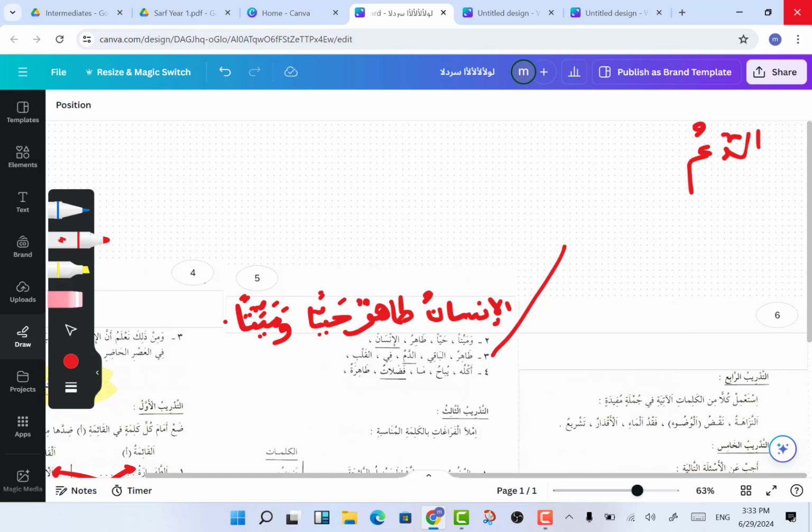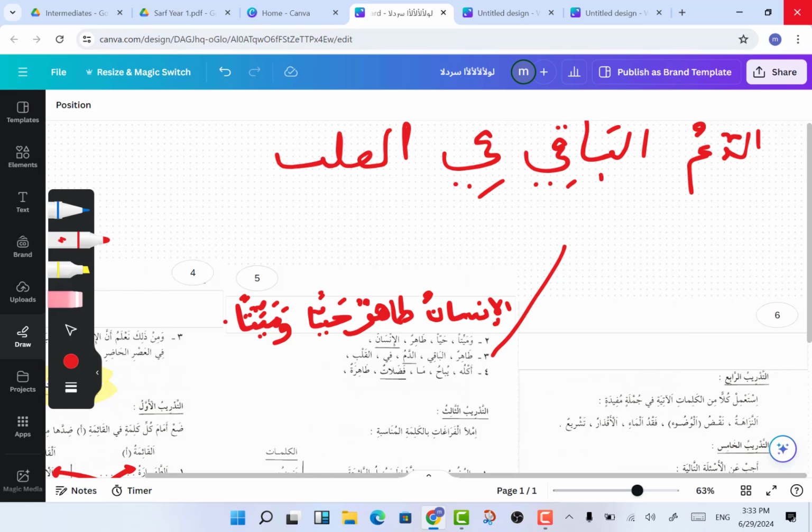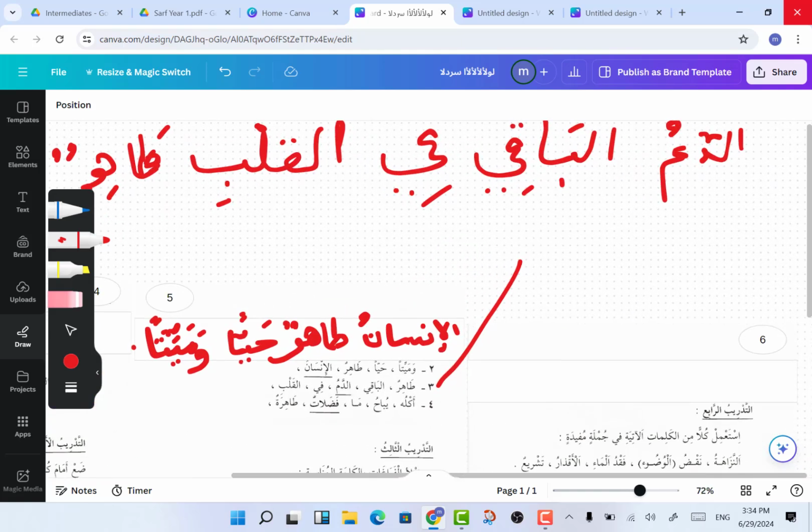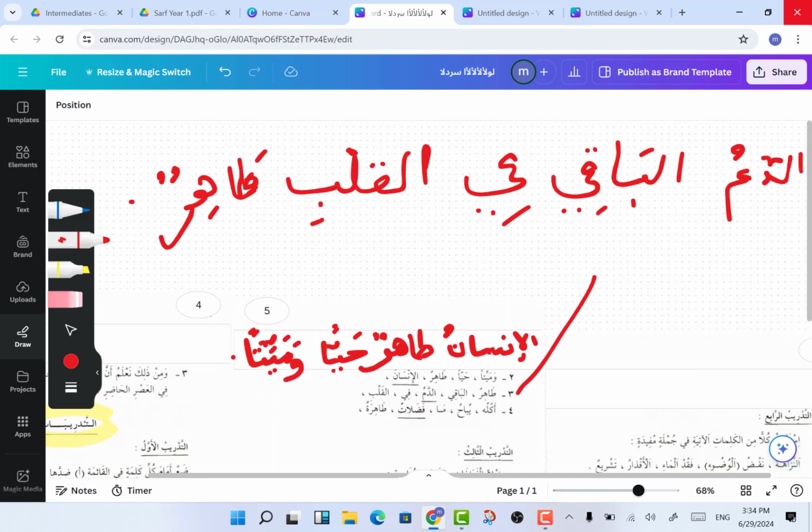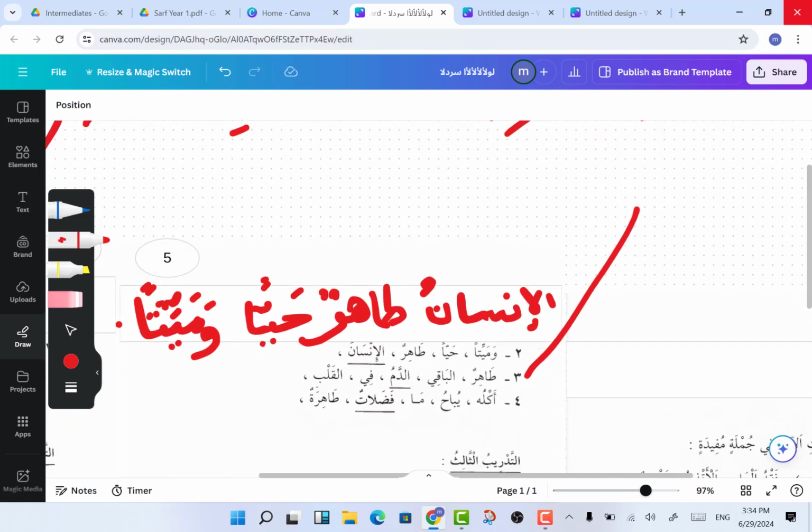Adam al-Baki fil qalbi tahirun. That's it. The blood remnant, the remaining blood in the heart is pure. That's the meaning of the sentence. Adam al-Baki fil qalbi tahirun.